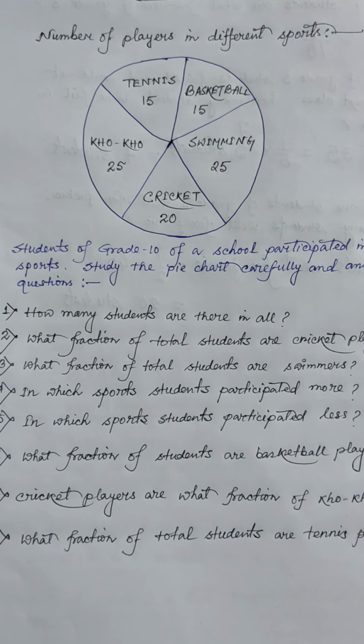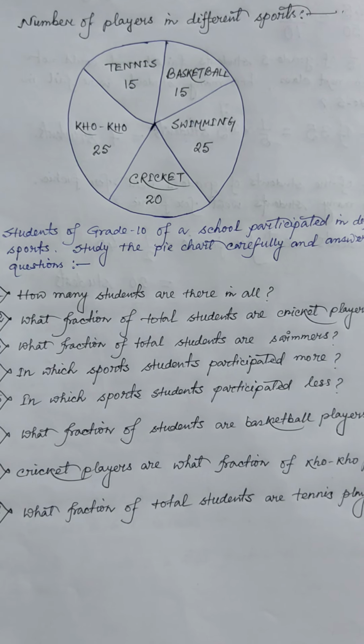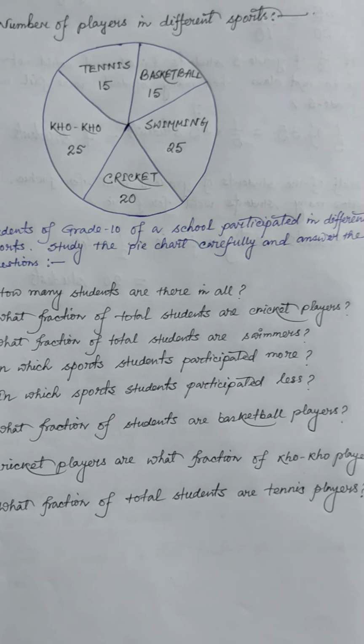Now students of grade 10 of a school participated in different sports. Study the pie chart carefully and answer the questions. In question number 1, how many students are there in all?